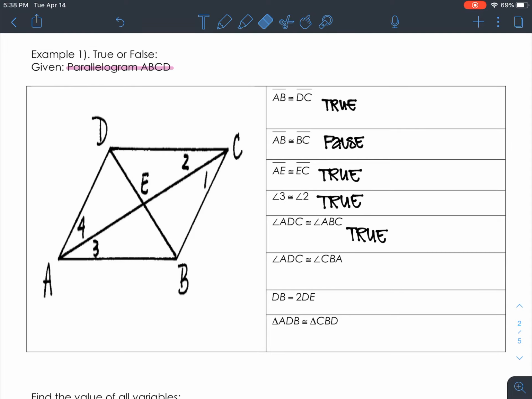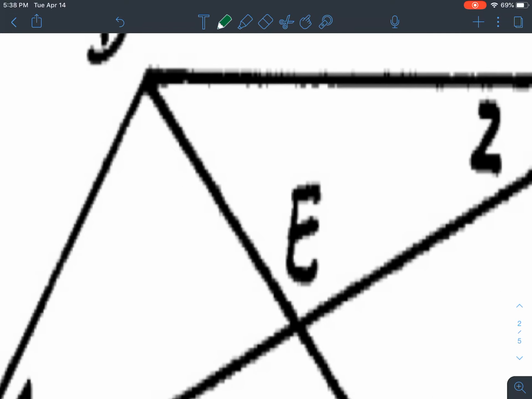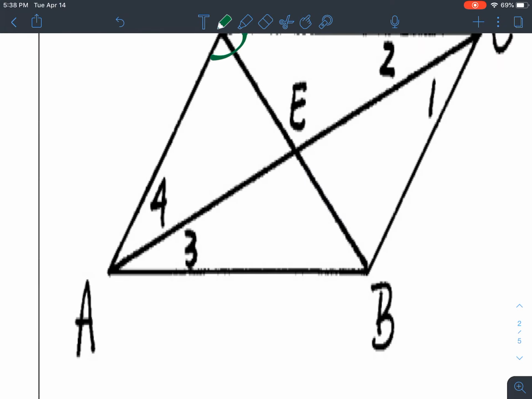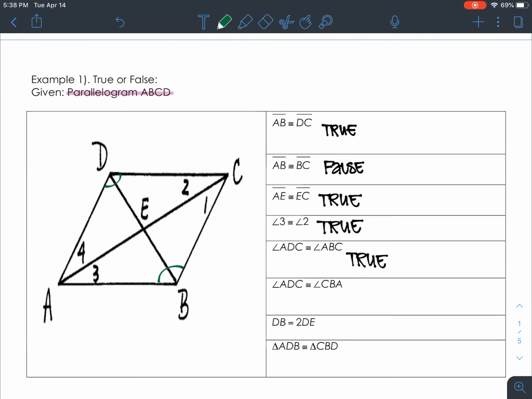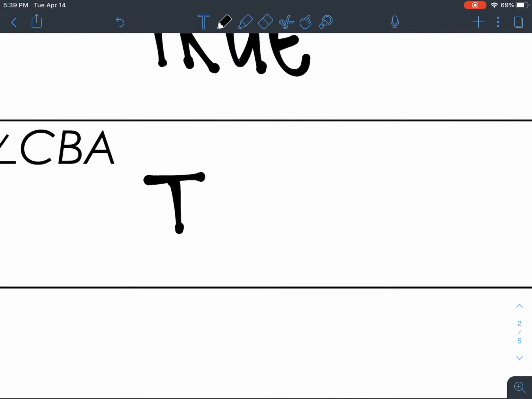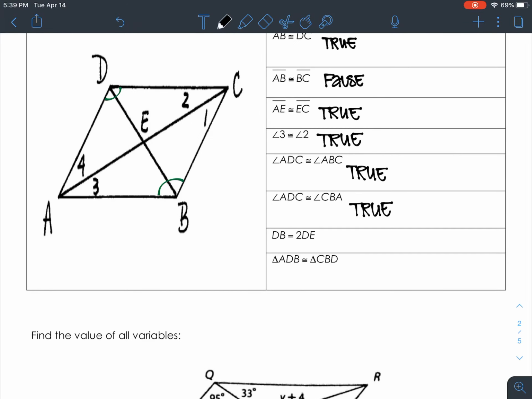Do we know that angle ADC again, I'm going to pick a different color so it's a little bit easier to see, is congruent to angle CBA? Well, that's kind of silly because it's just the same type of question that we just talked about. This is also true, because opposite angles have to be congruent.